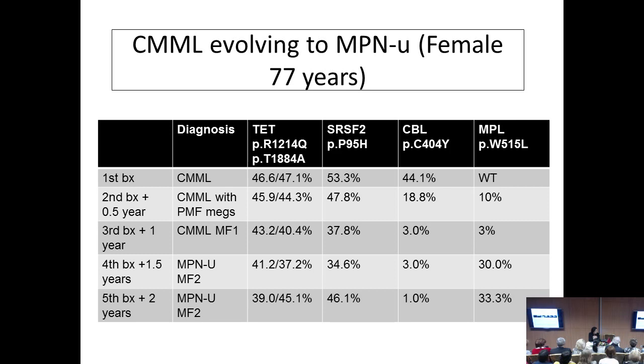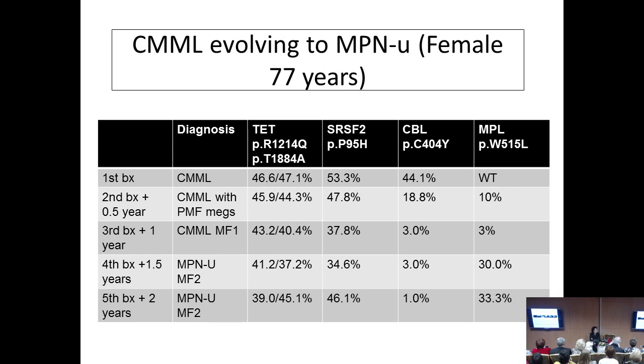Then we have CBL and MPL. This is a thrombopoietin receptor. In 2013 it showed wild type. And then came the follow-up biopsies up to 2 years. And you see that first there was a minor clone with a thrombopoietin receptor mutation, and then it progressed to up to 30% of cells, whereas the TET2 mutation and the SRSF2 mutation remained stable.